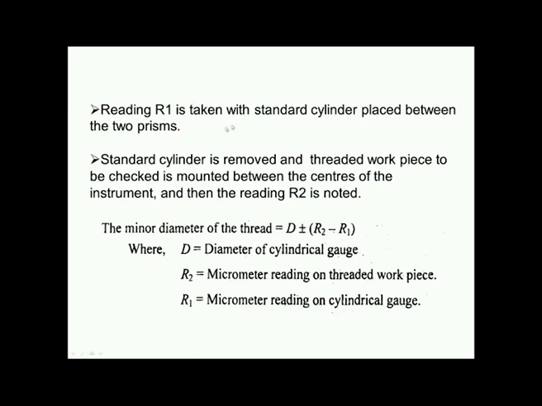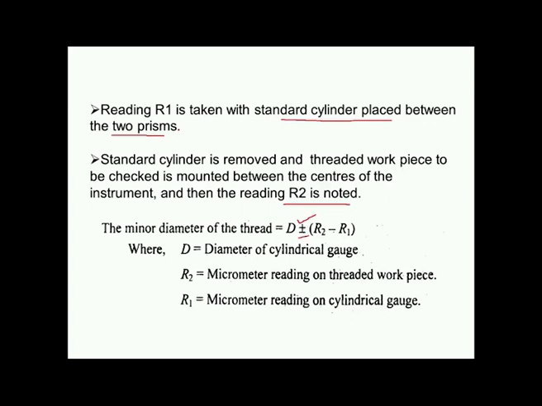Reading R1 is taken with the standard cylinder placed between two prisms, and then the standard cylinder is removed and the threaded workpiece which is to be inspected is mounted between the centers of the instrument, and then micrometer reading R2 is noted down, and then using this relationship we can find the minor diameter of the thread.